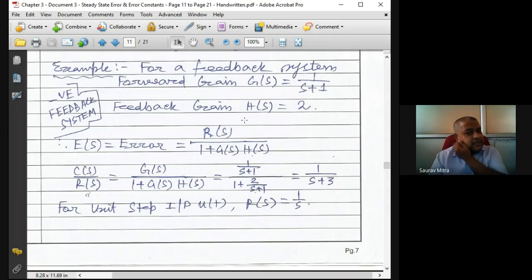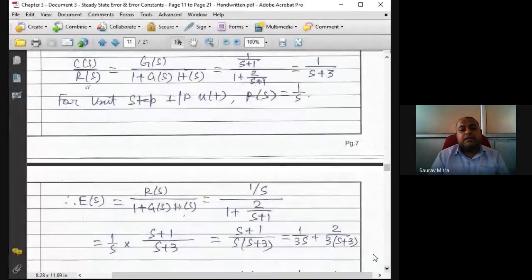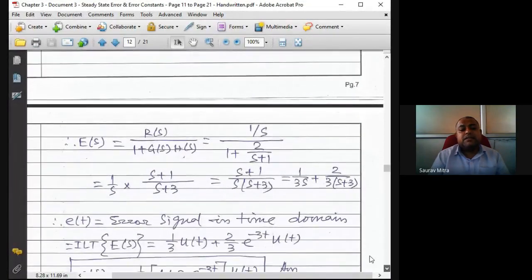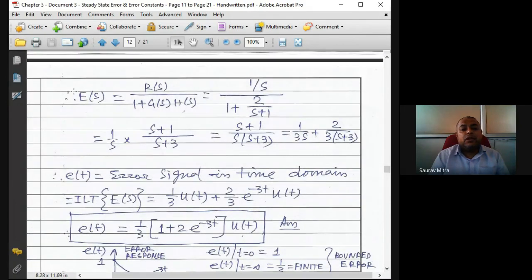We know that E(s) equal to R(s) by 1 plus G(s)H(s). First we have found C(s) by R(s) equal to 1 by s plus 3, and whenever it is a unit step input u(t), R(s) equal to 1 by s. But see one thing, the formula of C(s) by R(s) is different from the formula of E(s).